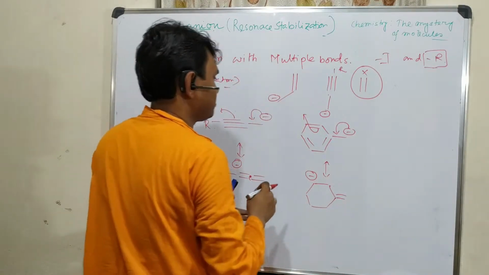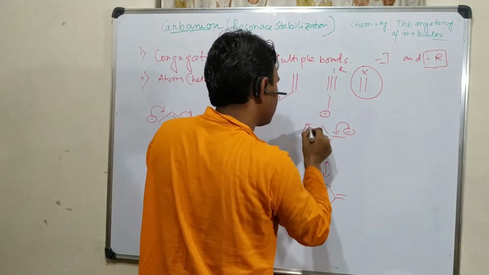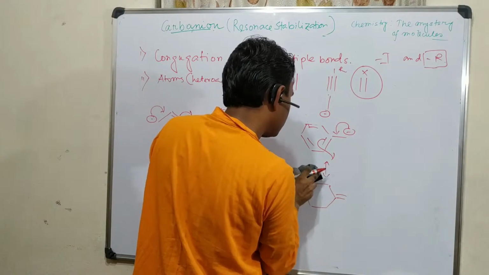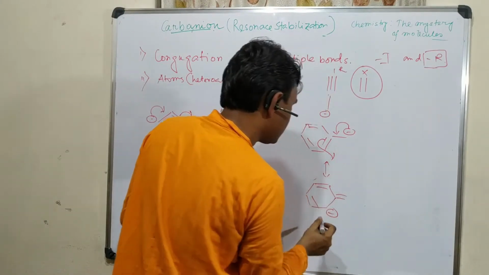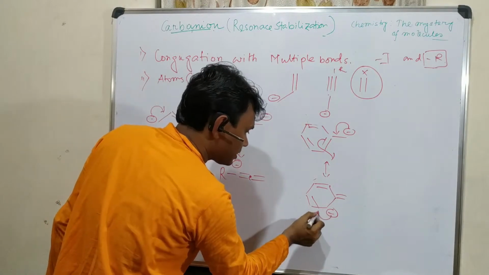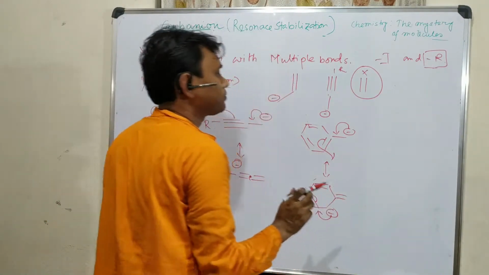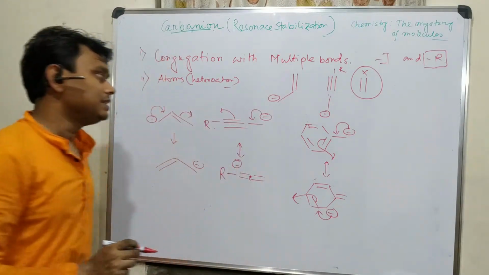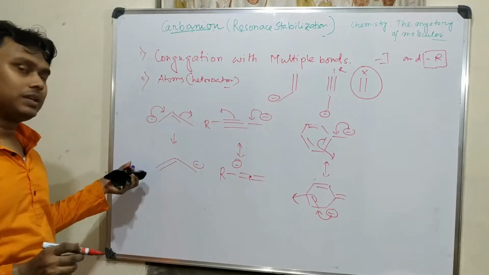Sorry, I made a mistake, it should not be like that. This bond will come, so the negative charge will come here. Further, the negative charge can come here in this way. Another three canonical structures are possible. So this indicates how this carbanion is stabilized through resonance.